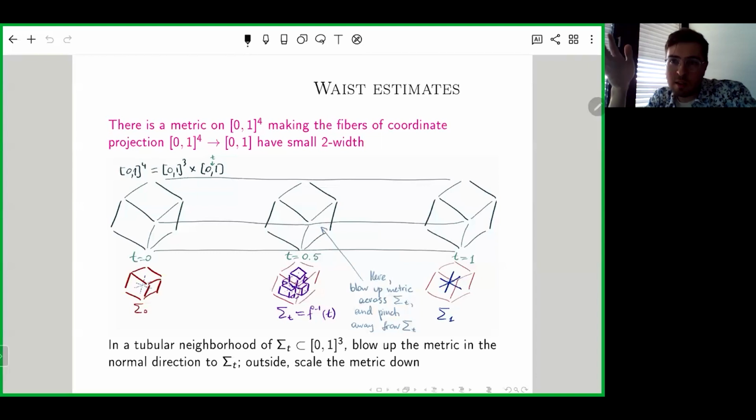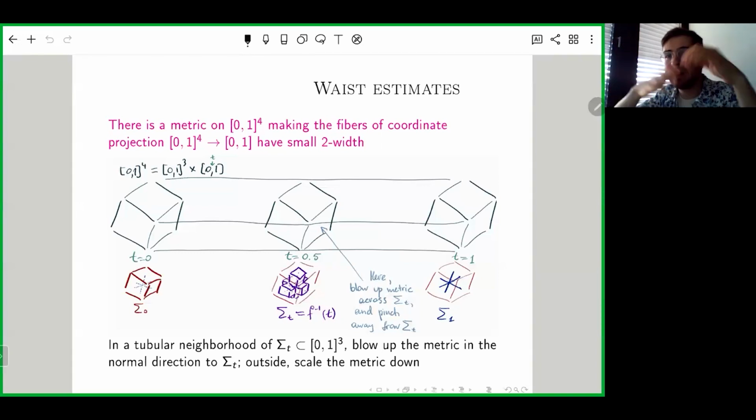And another part is to show that when we assemble all those modified three cubes together to get a four cube, this has large three-width. In order to see this, I encourage you to think about all those sigmas in all those cubes. Remember that if you would just take those sigmas everywhere and glue them together, we'd get a normal three cube, of approximately the same metric size that it had at the beginning.